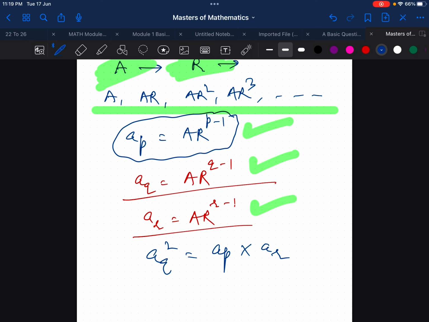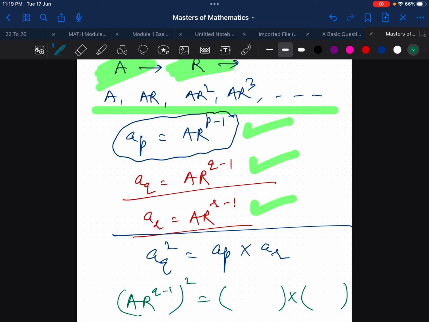Now let me put the values from these three equations. AQ square means AR raised to power Q minus 1 whole square, equal to AP into AR. AP means AR raised to power P minus 1, and AR will be equal to AR raised to power R minus 1.